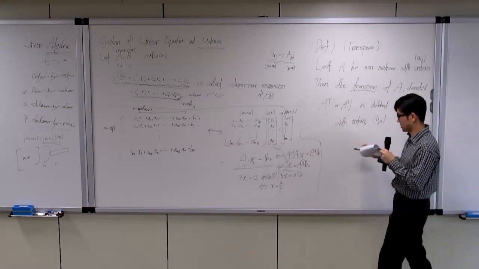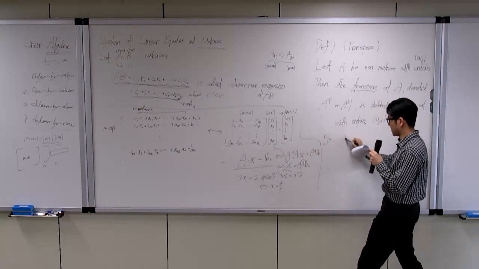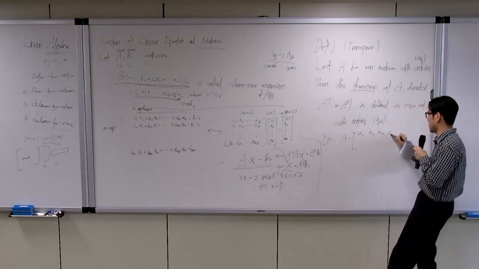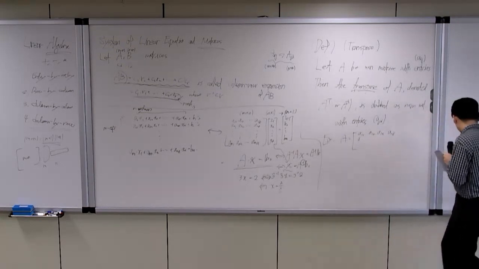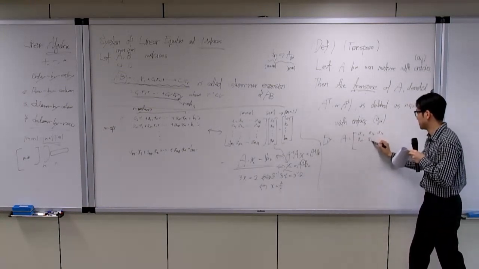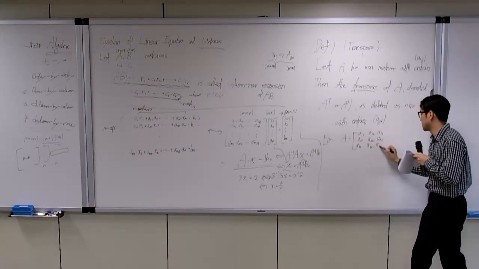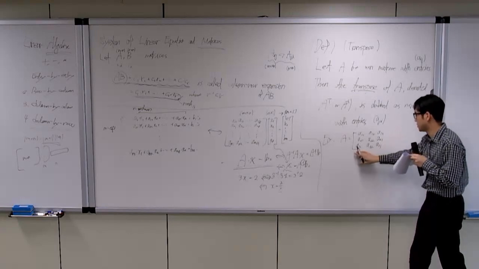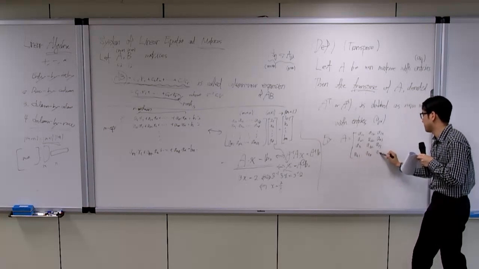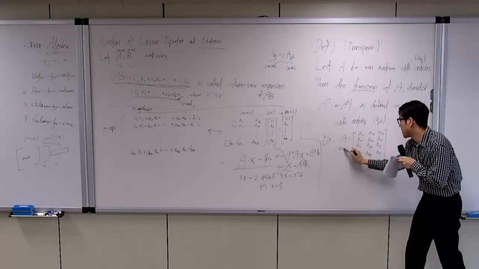I will give an example. If A has entries A11, A12, A13, with just 3 columns and 4 rows, then A is a 4 by 3 matrix.